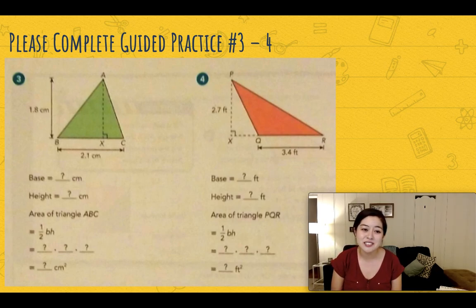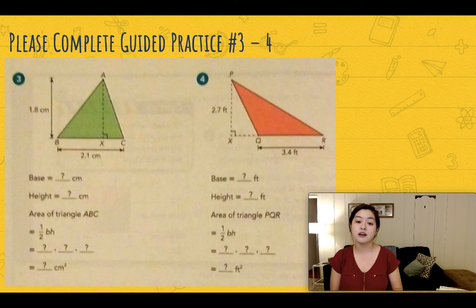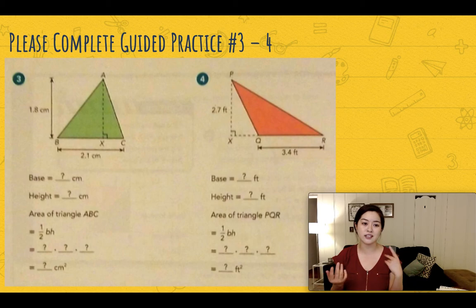All right, so in here, what can we determine the base as? Well, let's go back to the definition of a base of a triangle. The base of a triangle is one side of a triangle. Now, in the picture there, which side did they tell you the length of? Oh, they told you the length of side BC. Do you see that in the picture?